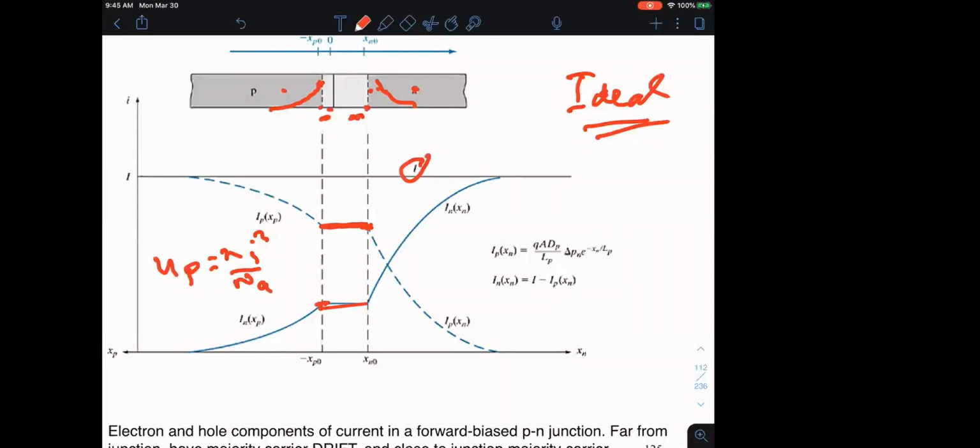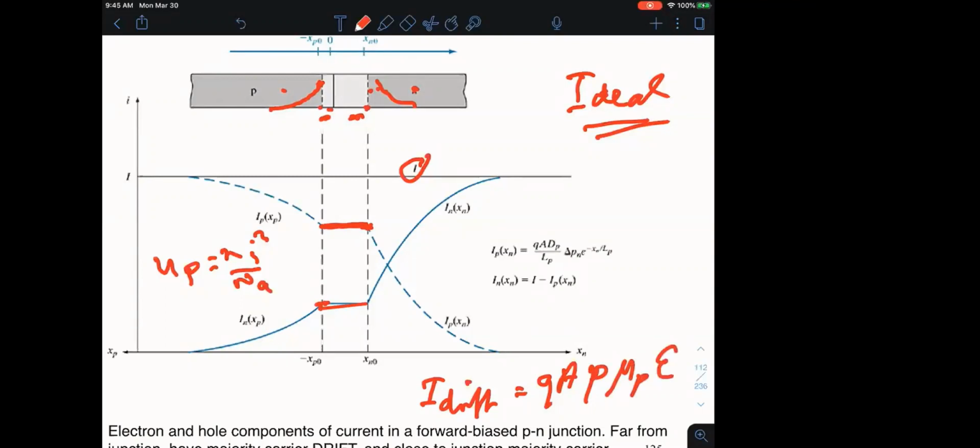Okay. But how about the drift currents? Well, drift currents, I know, say for holes, are given by Q, cross-sectional area, hole concentration, and in the low field region the drift velocity is the mobility times electric field, right?